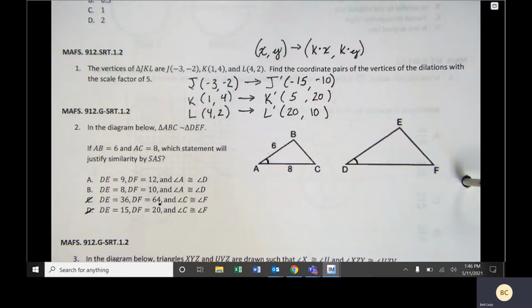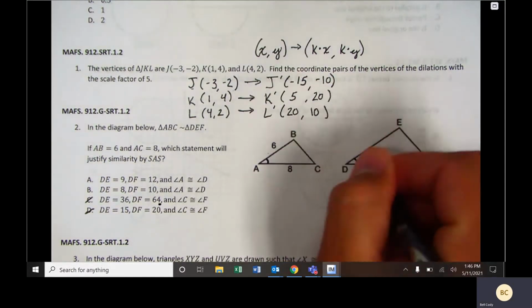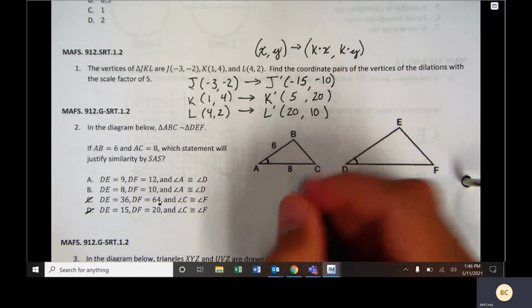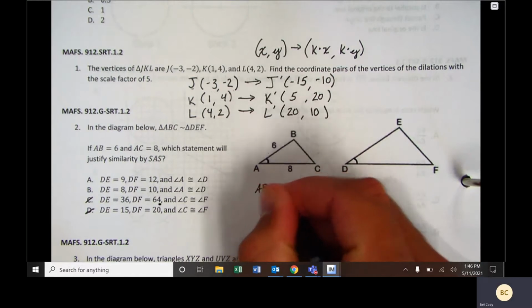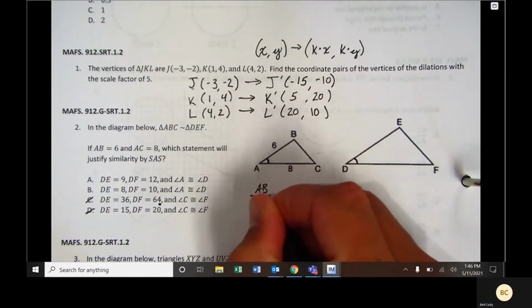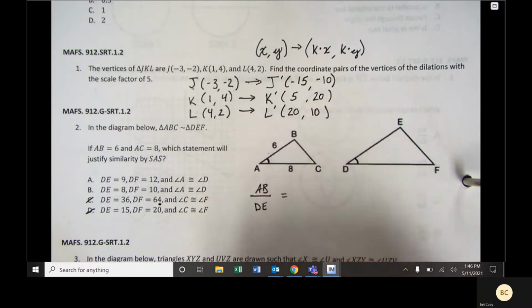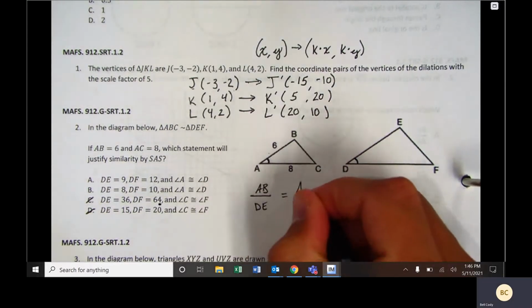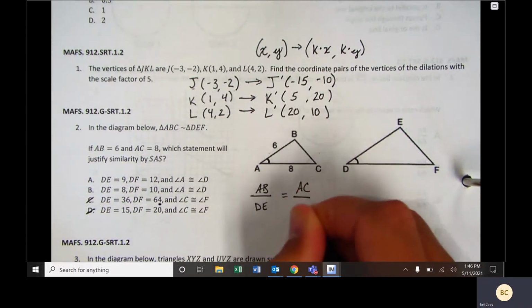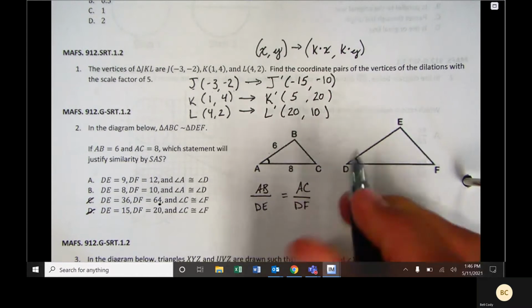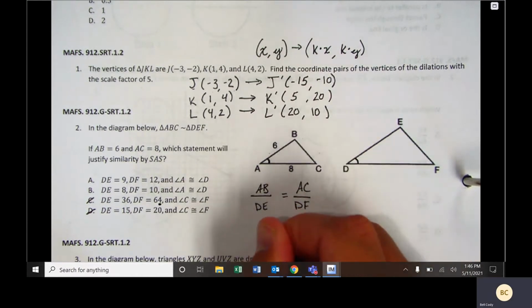In this case, angle A and angle D. So we need to find a length for DE that is proportionate with AB, which is also equal to AC and DF.